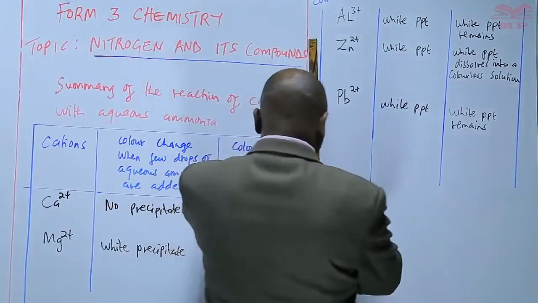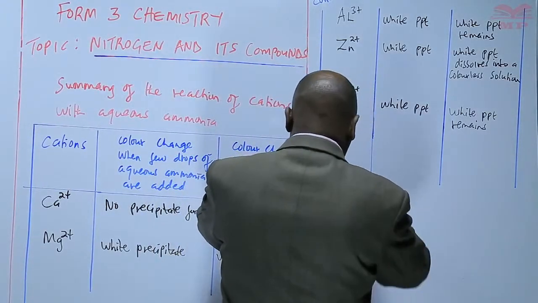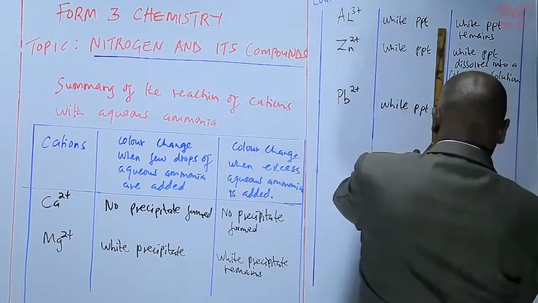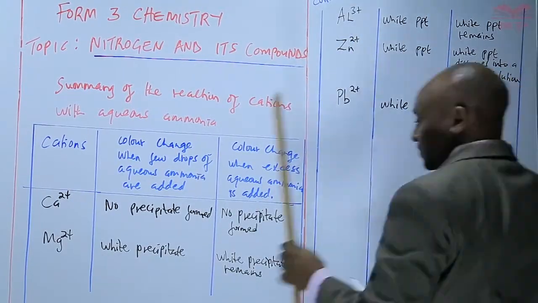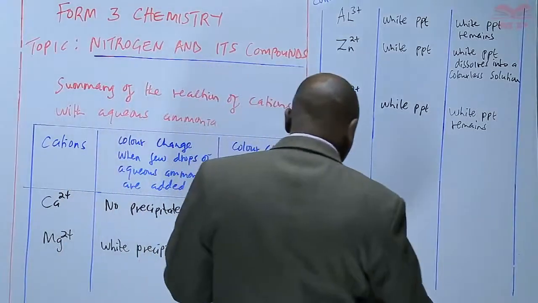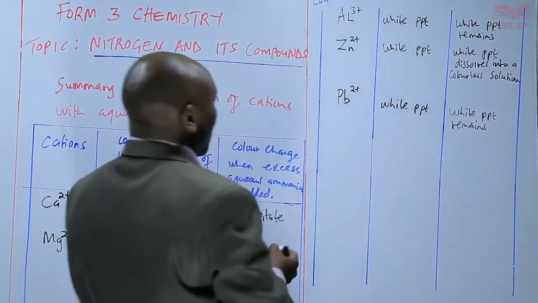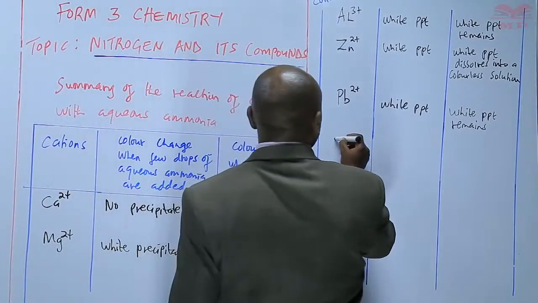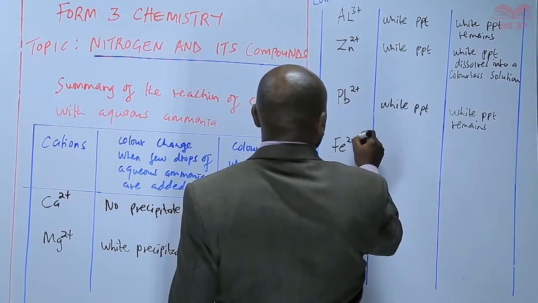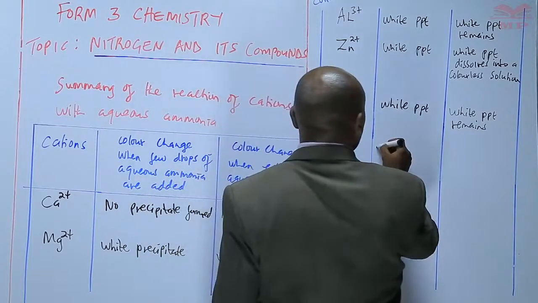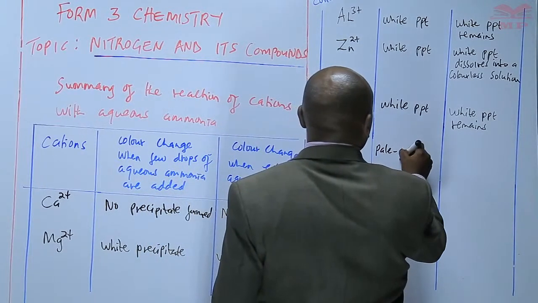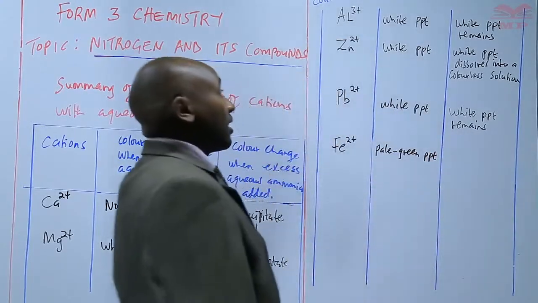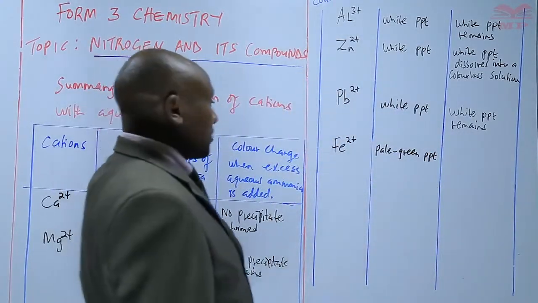So we want to make our table slightly longer. So we are saying that lead 2 ions, then we go to iron 2 ions. Iron 2 ions, we saw that they form a pale green precipitate with a few drops of aqueous ammonia.